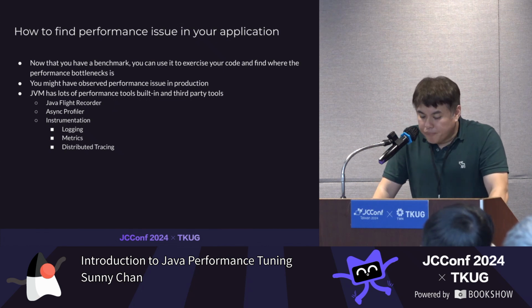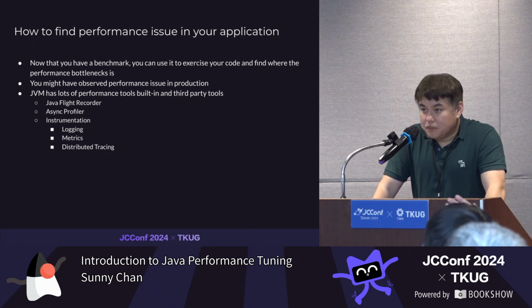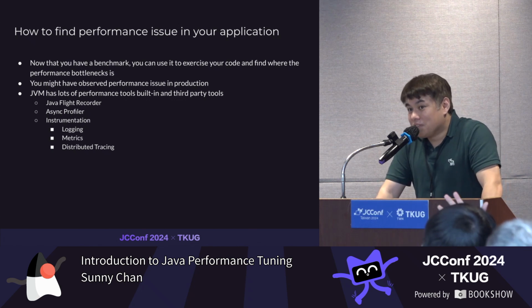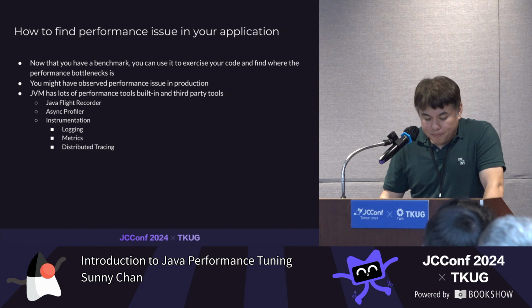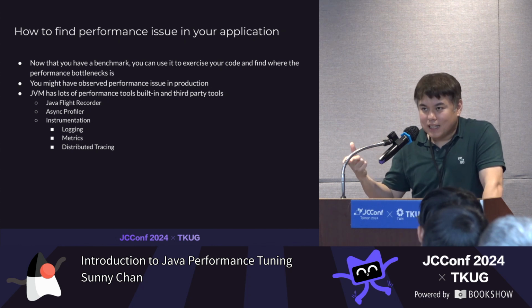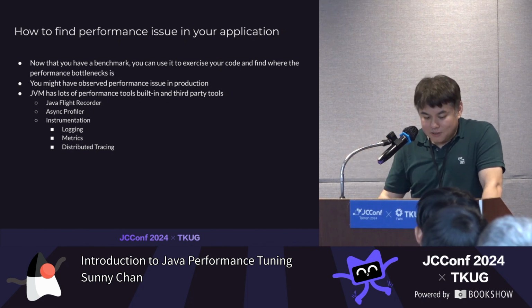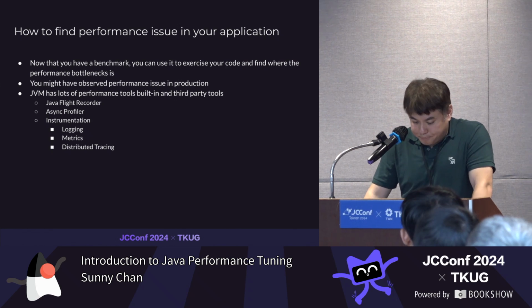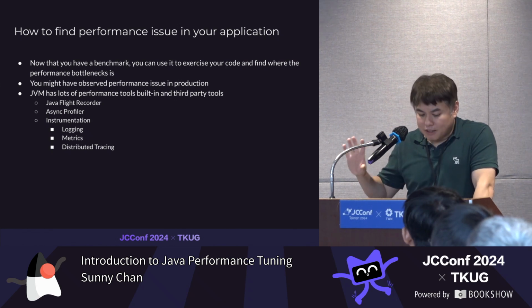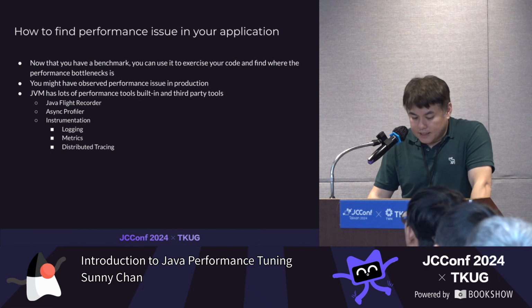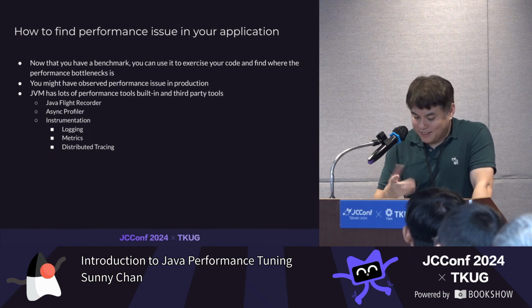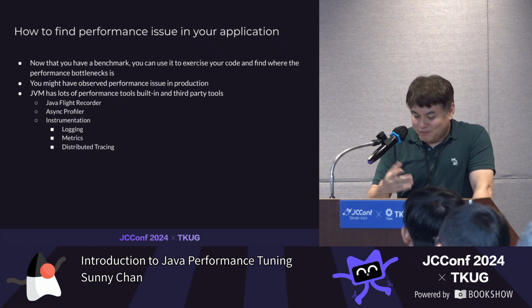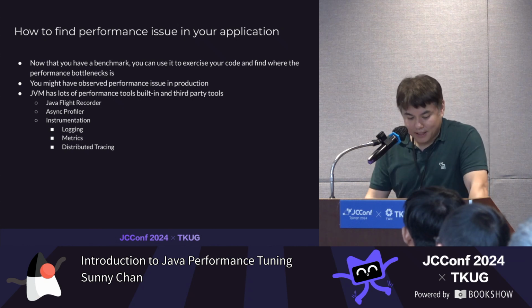We have a lot of tools. Some you have to pay for, and some are free. I'm going to show you the free ones, but there are paid ones that do a similar job as well. So I'm going to talk about the Java Flight Recorder and the async profiler, and I'll show you how to use Java Flight Recorder to find issues in a demo application. Okay.